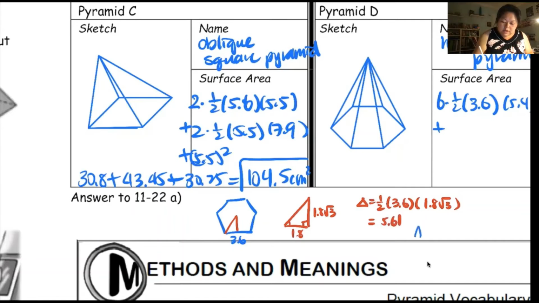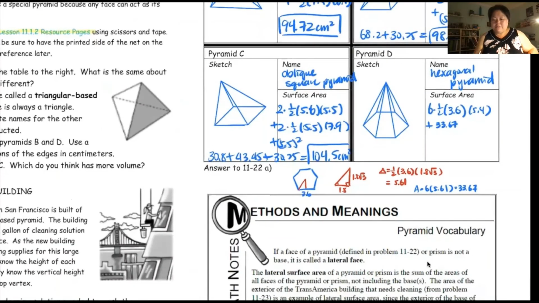So area is 6 times 5.61 to get 33.67. So 33.67, that's the area of that hexagon on the bottom, okay? All right, so let's multiply this whole thing out. I get 6 times 1/2 times 3.6 times 5.4. That's 58.32 plus a 33.67.